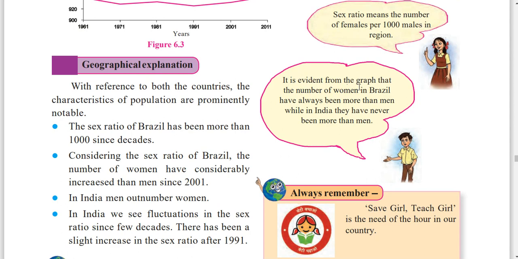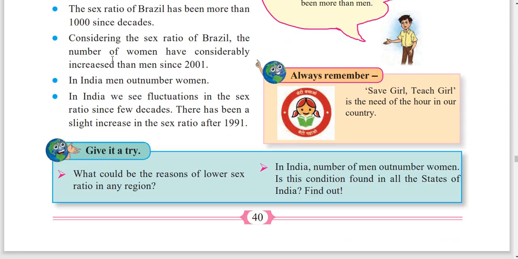It is evident from the graph that the number of women in Brazil has always been more than men, while in India they have never been more than men. Geographical explanation. With reference to both the countries, the characteristics of population are prominently notable. The sex ratio of Brazil has been more than 1000 for decades.